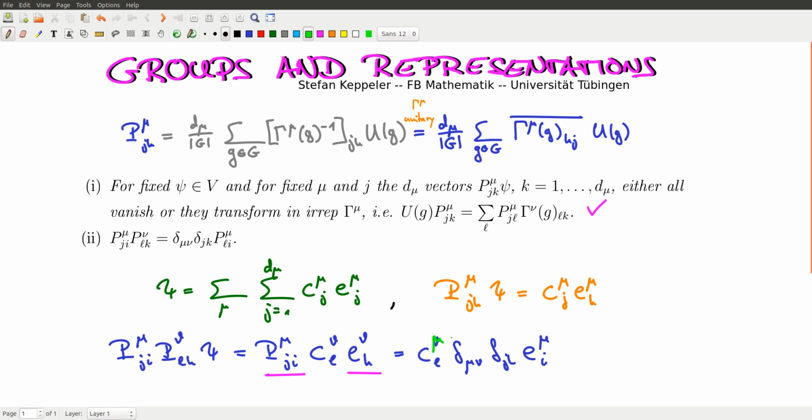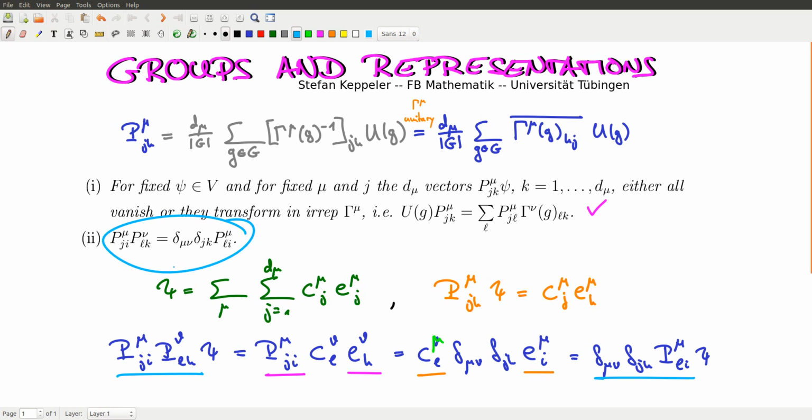So we have a mu here, and now we have c mu l, e mu i, and we use this property here again, and we have delta mu nu, delta jk, and that's just p mu li applied to psi. And now we showed that this one here is equal to this, and that's exactly what was written up here.